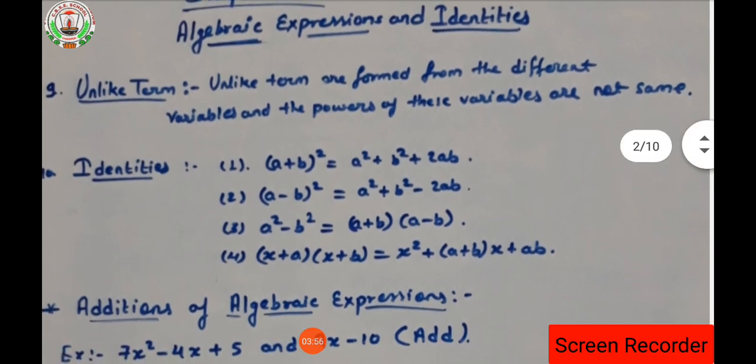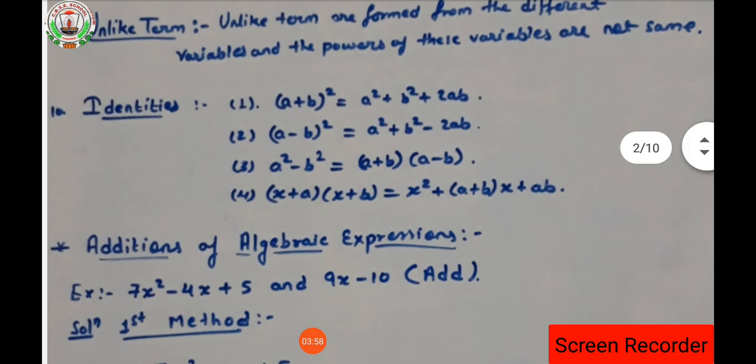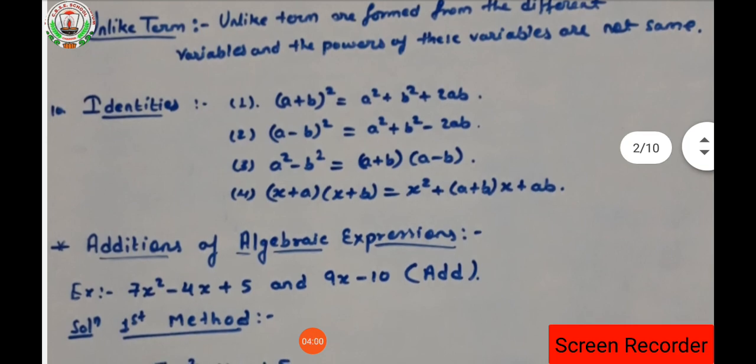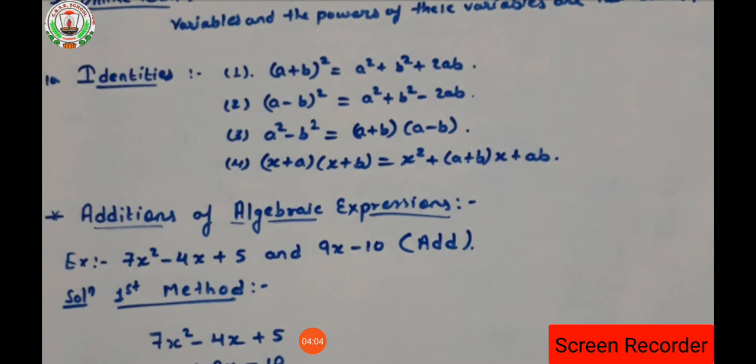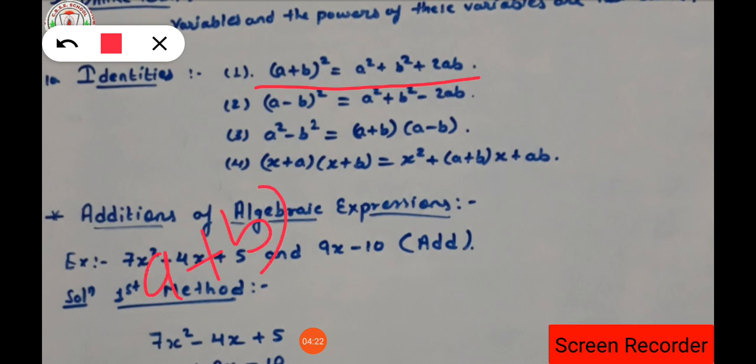Then let's see the identities. Identities are a kind of formula which we have to know while solving the exercise. The first identity is a plus b the whole square is equal to a square plus b square plus 2ab.